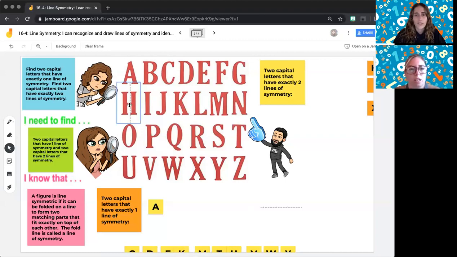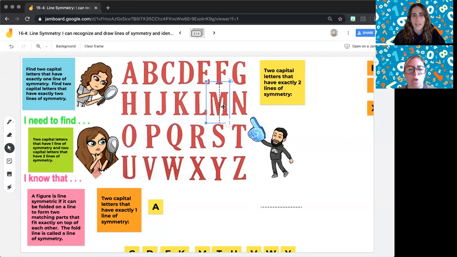So let's check I. So I too would fold over and be identical as well. Okay, so we'll keep that one in mind too. Any other letters that we can jump to that we think look the same on both sides? How about letter M? That looks like it's the same on both sides.